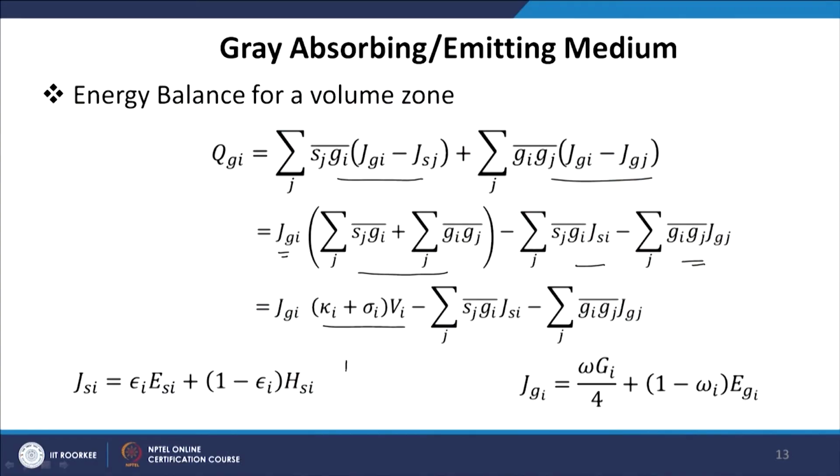we can basically prove. JSI is equal to epsilon I ESI, where surface radiosity is basically the emission part and reflection part. We used this expression before also for surface radiosity. Similarly, we define gas radiosity JGI as the amount of scattered radiation, that is, the amount of energy scattered by the volume, which will be part of the volume radiosity, plus emitted radiation.